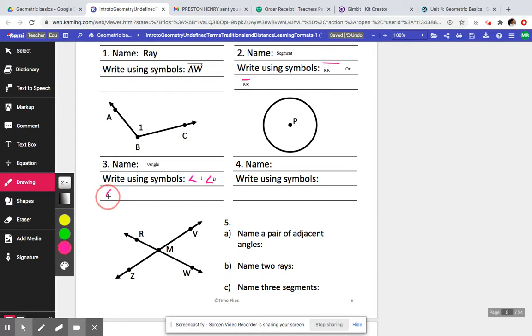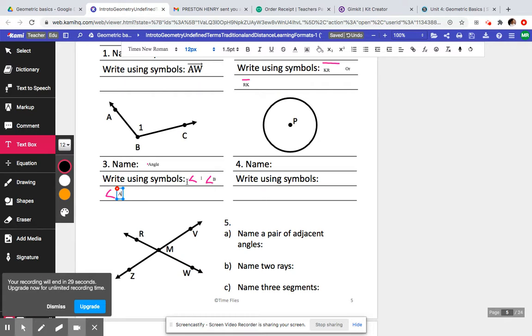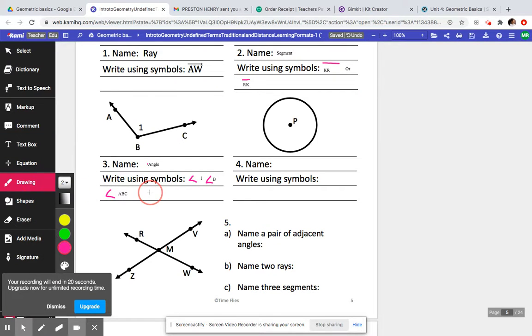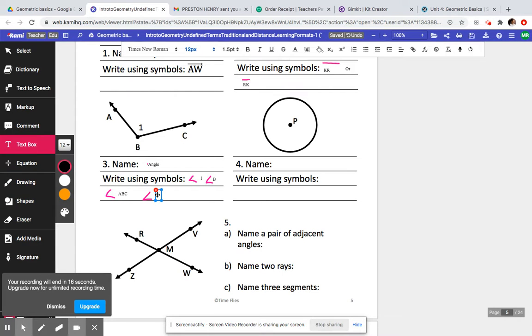We could have the angle symbol and A, B, C, or the angle symbol and the letters C, B, A. The biggest thing to notice is that when you write it in this form, B is in the middle because we're looking at angle B. So it's A, B, C, or C, B, A.